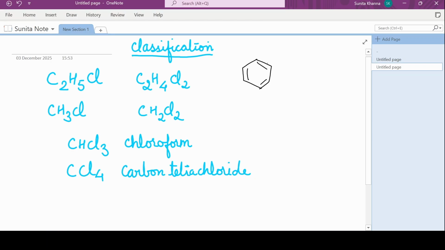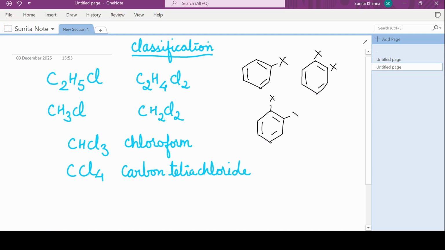Okay, and we put just one chlorine or halogen on the benzene ring. It becomes a haloarene or monohalogen derivative. Likewise, if I am putting 2, then it is a dihalogen derivative. If 3, it will be a trihalogen derivative, trihaloarene.